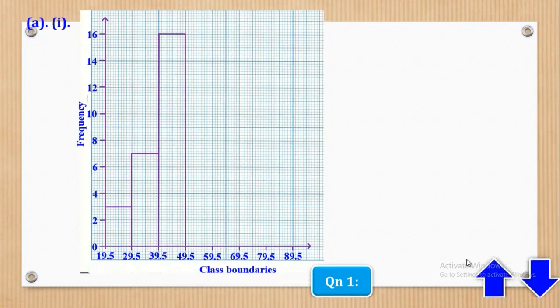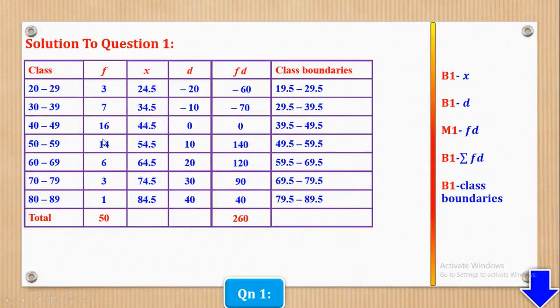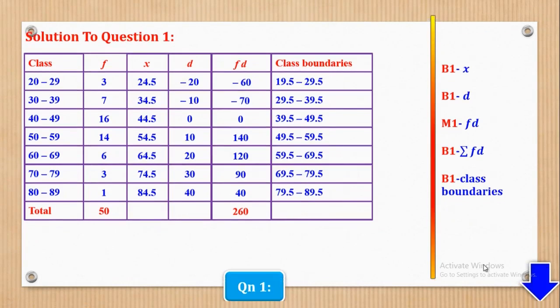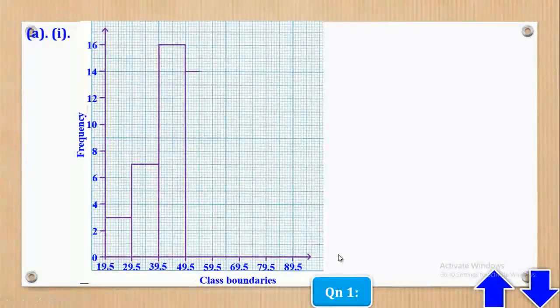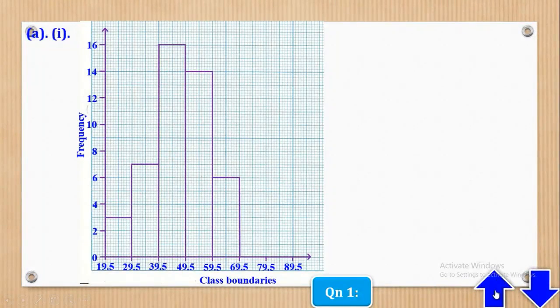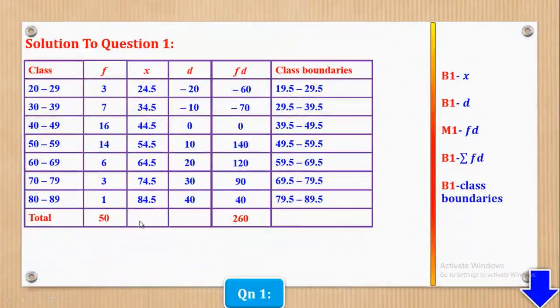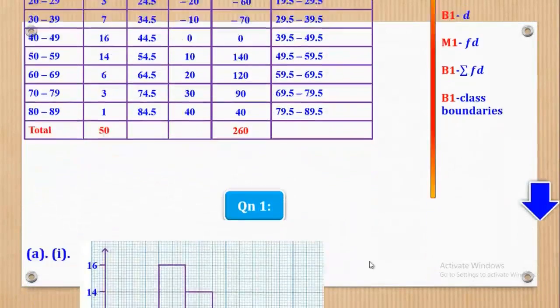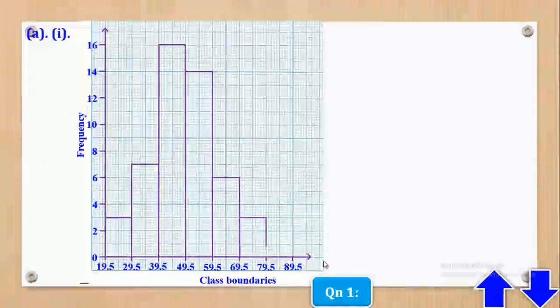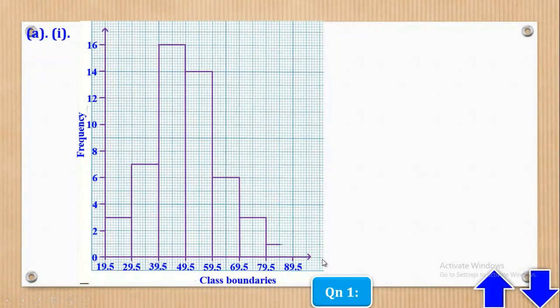Okay. So after 16, we shall go to 14, then 6. So let's draw 14 followed by 6. That is 14, then 6 is that. So next will be now 3, and lastly 1. So let's come and draw that. So that is 3, then we come to 1 and also draw that.